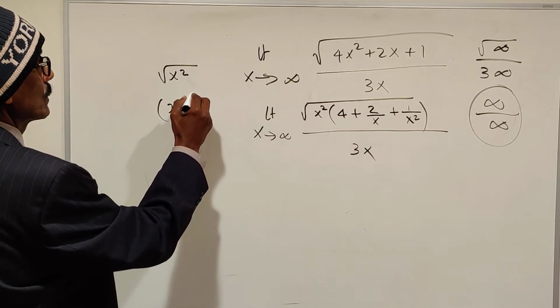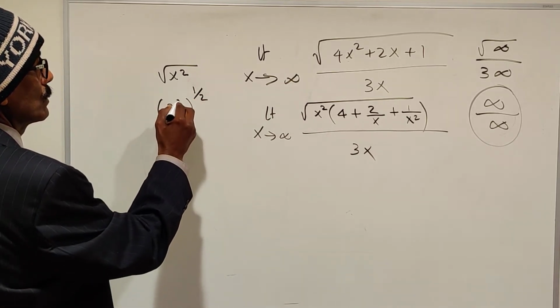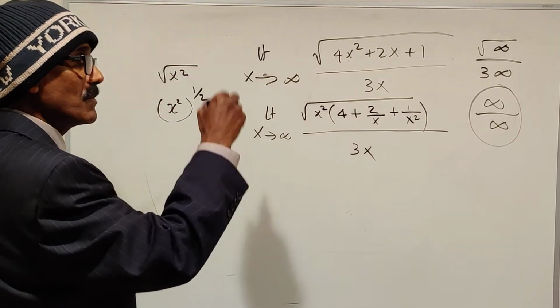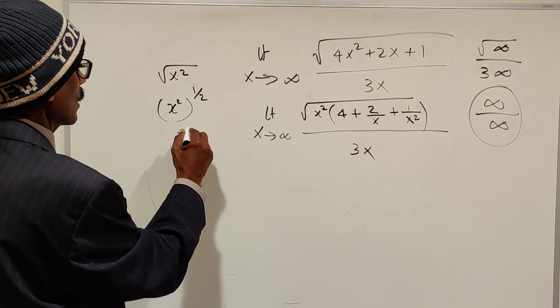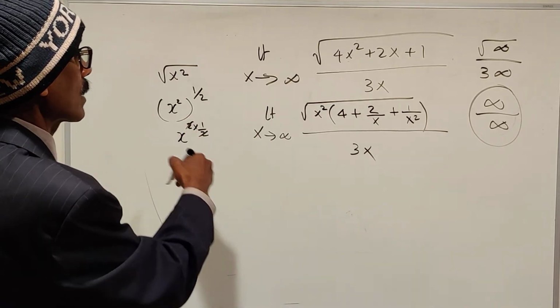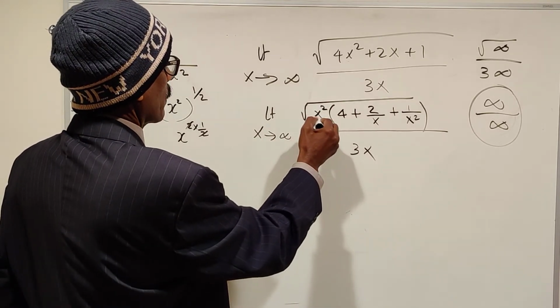Square root means the whole to the power half. So 2 times 1 by 2: x to the power 2 times 1 by 2, the 2s cancel. x to the power 1.